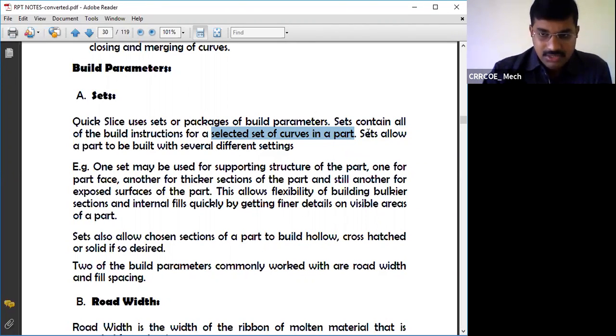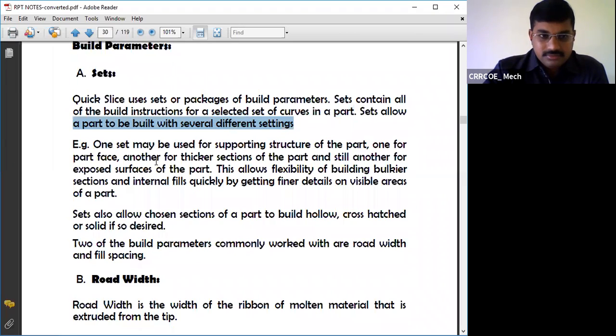So you have to get knowledge of the build parameters. Sets allow a part to be built with several different settings, so according to your requirement you change your settings.